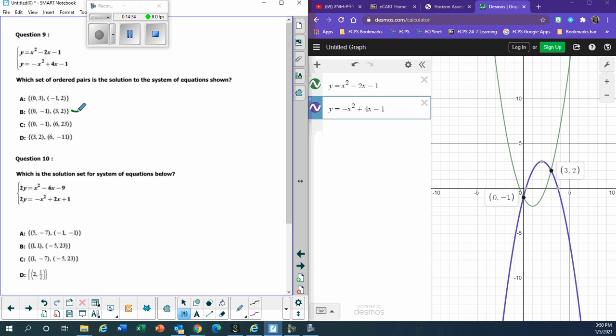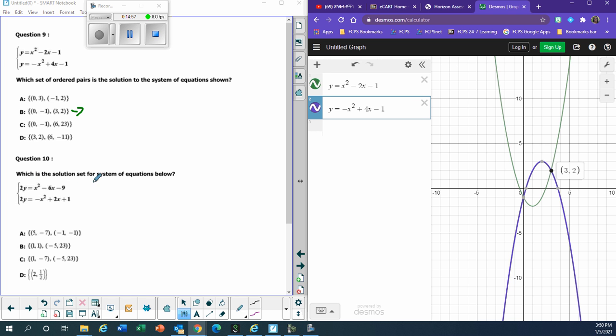So you can see that this is what I got, right? That's the next intersection. So this is an intersection if it's by itself, but when you have two systems of equations, you got to pick the one where the two of them intersect.